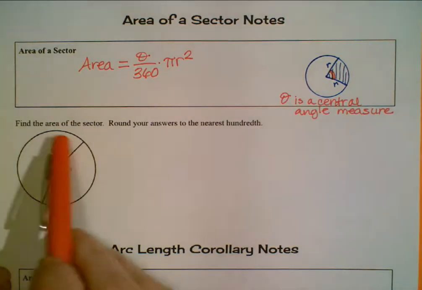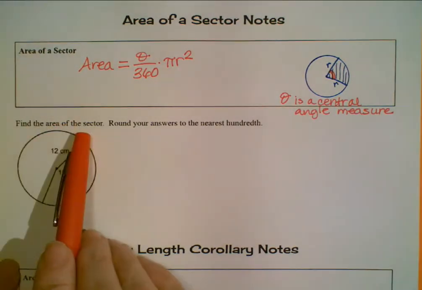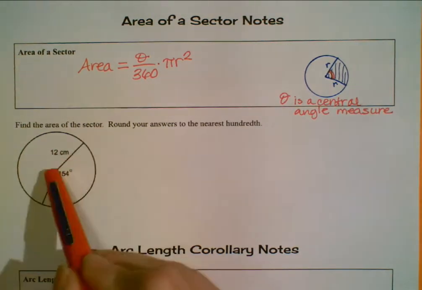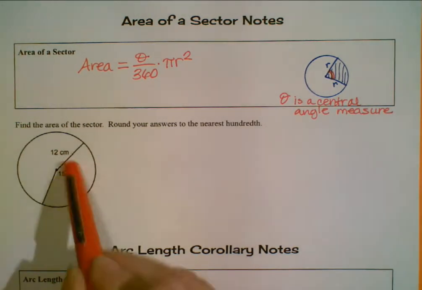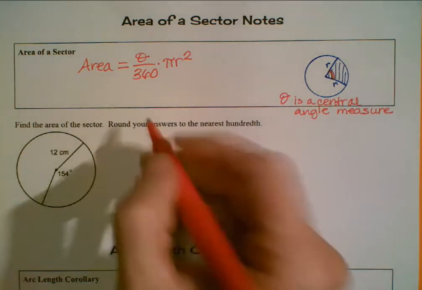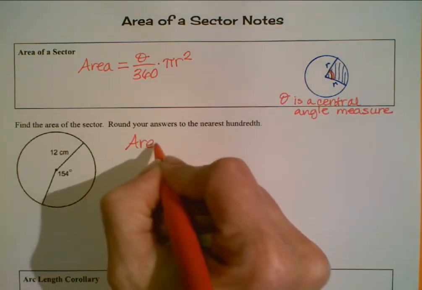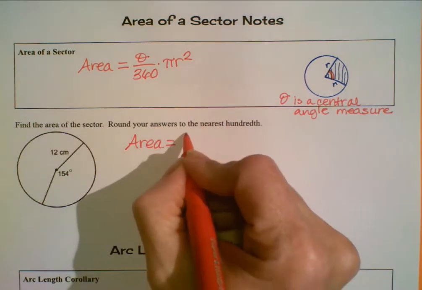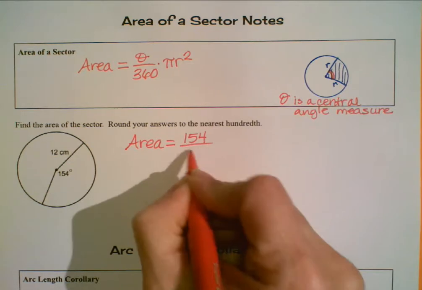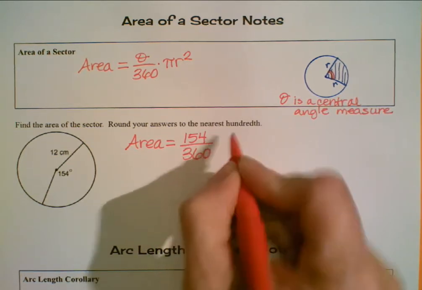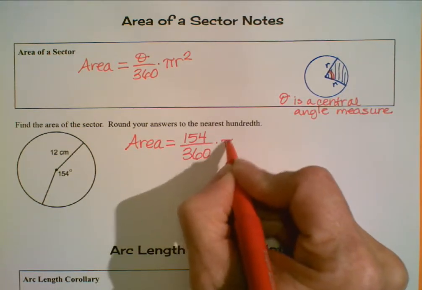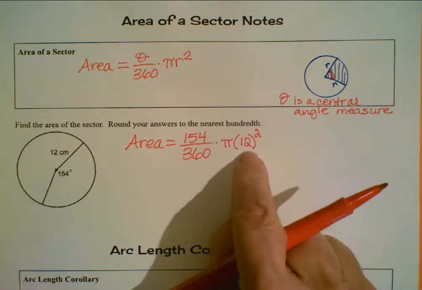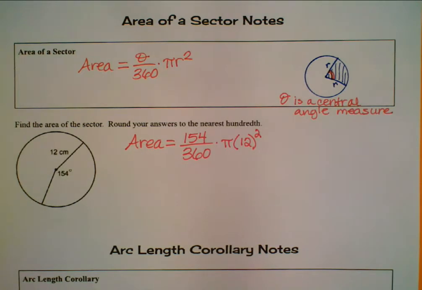So in our example, find the area of the sector, rounding your answers to the nearest hundredth. Here we have a radius of 12 centimeters, and we have a central angle of 154 degrees. So the area in this case would be 154 out of 360 total. That's the fraction of the circle that we want, times pi r squared, and r is 12. Keep in mind that we're only squaring the 12, we're not squaring the pi.